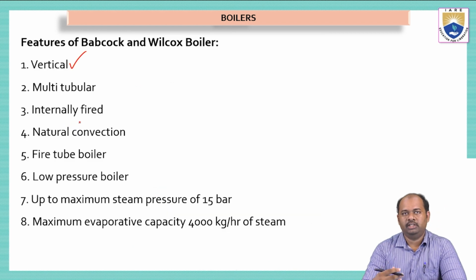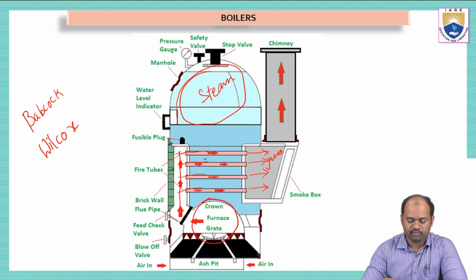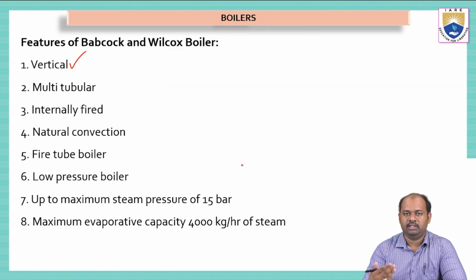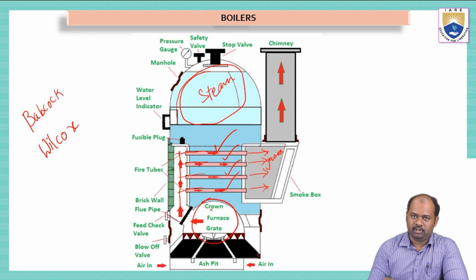So this boiler is vertical in structure and it is multi-tubular, where in this diagram we can see there are multiple tubes. 5 tubes are there. So this is a multi-tube boiler and it is internally fired, which means the coal which is taken as a charge will be combusted inside a closed chamber.